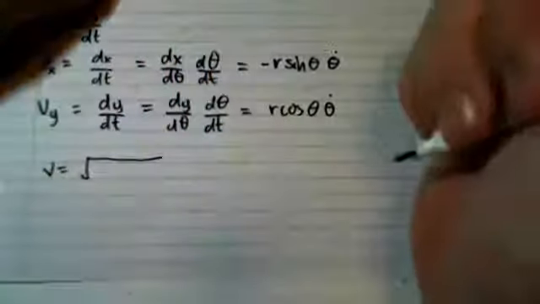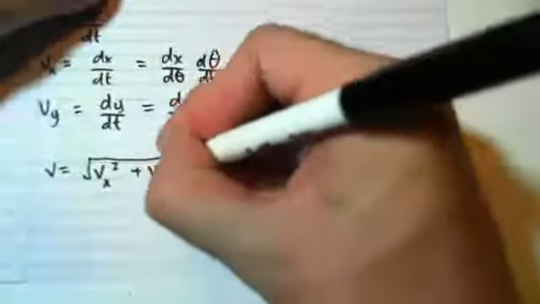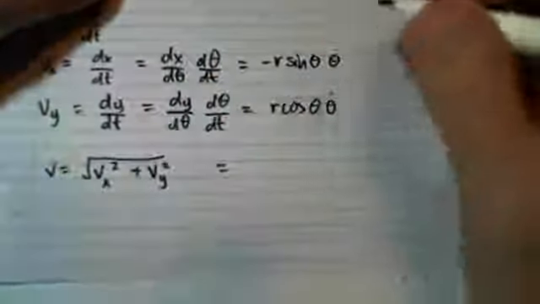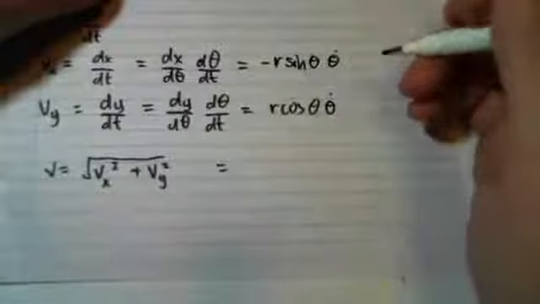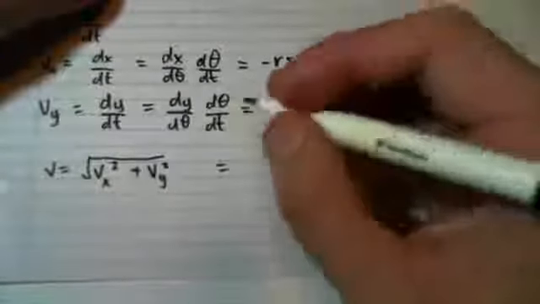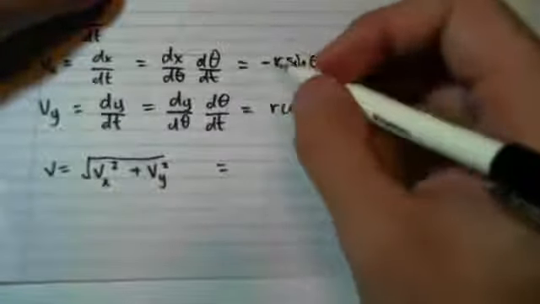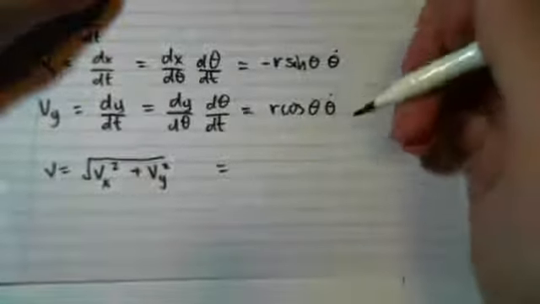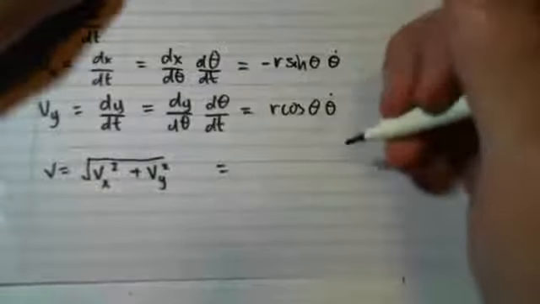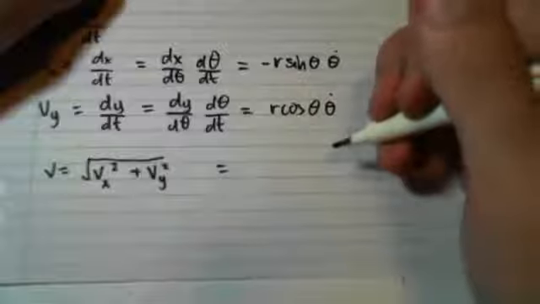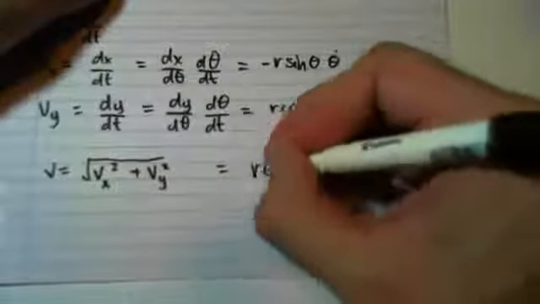Now the net velocity can be found by using Pythagoras theorem, and sine squared theta plus cosine squared theta equals 1, and the square root of negative r all squared is just r, so this term ends up being r theta dot.